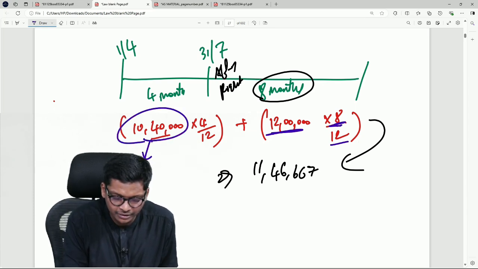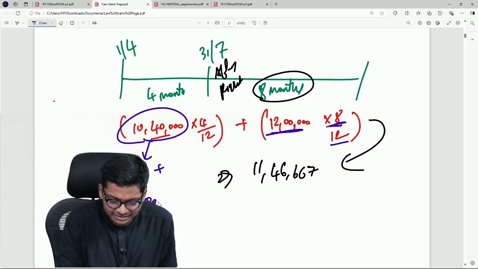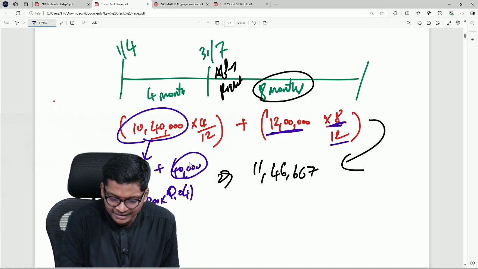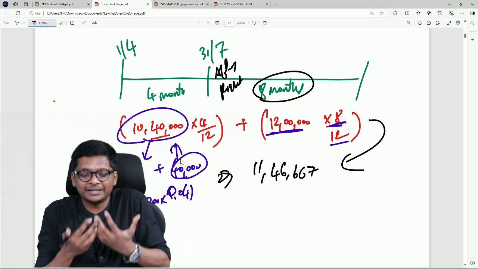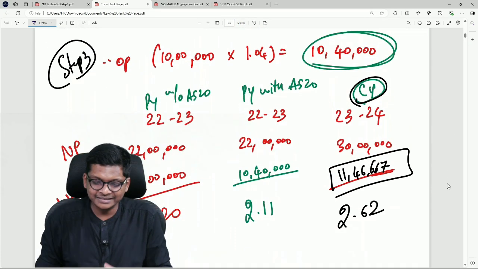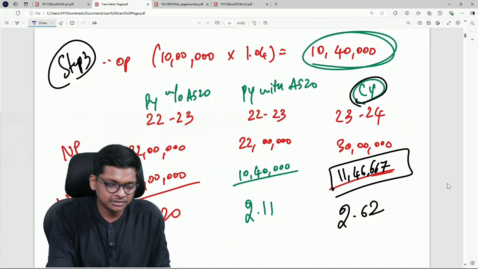Before rights we had only 10 lakhs, but I am adding the bonus element, 10 lakhs into the rights adjustment factor of 1.04 or 0.04. So, 10 lakh plus 40,000 is the free element, bonus element in rights, which is added previously also. So, into 4 by 12. These are the 3 answers.